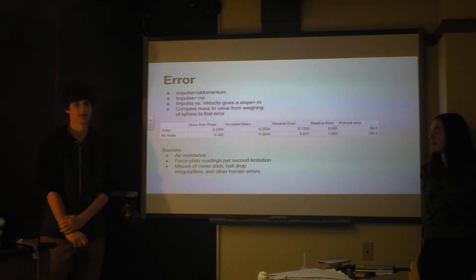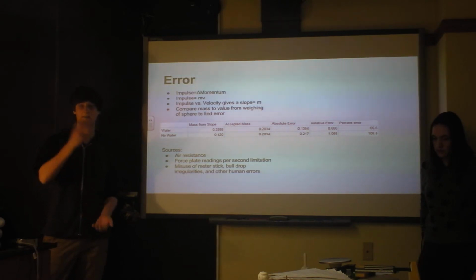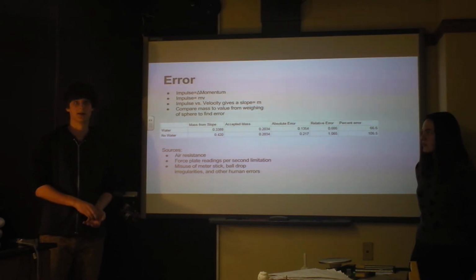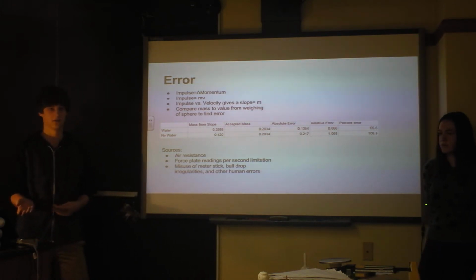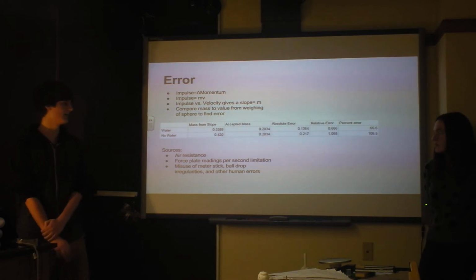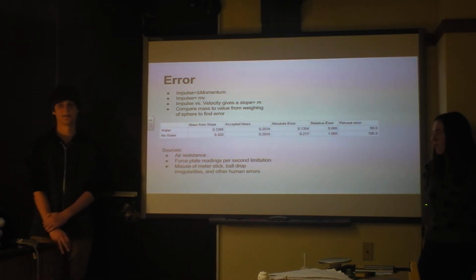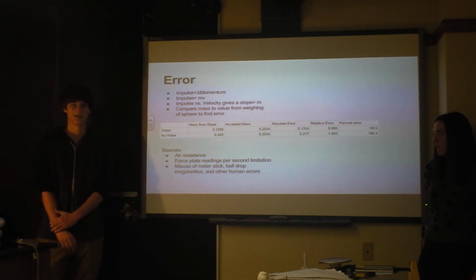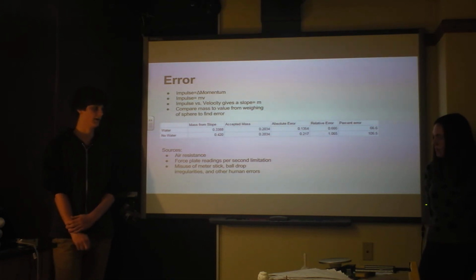And this made sense because the impact on the force plate happened in a much smaller window of time, so the force plate didn't have as much time to record data, if that makes sense. And there was also error from air resistance because we didn't factor that into how fast the ball was going, but it impacted.